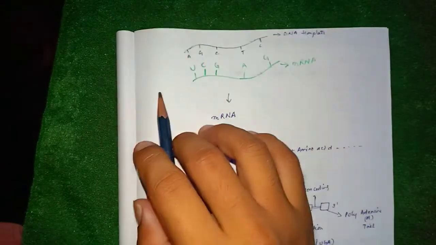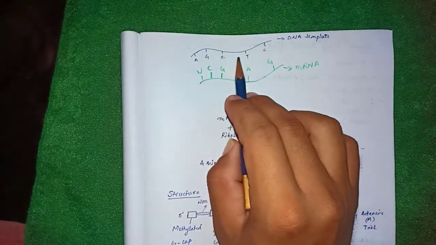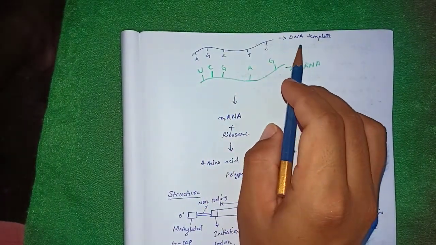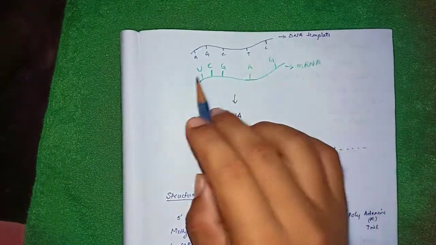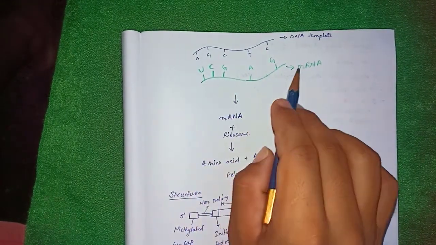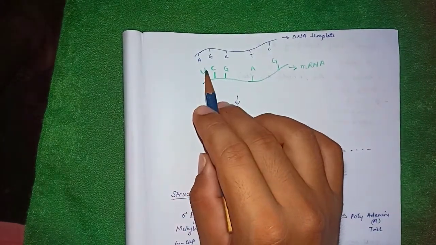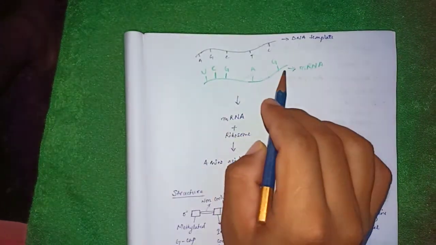Now if this is the template DNA, when we say template DNA, we are referring to the strand of the DNA that is carrying the genetic information. This is the mRNA strand. So the arrangement of nitrogenous bases will be in this form.